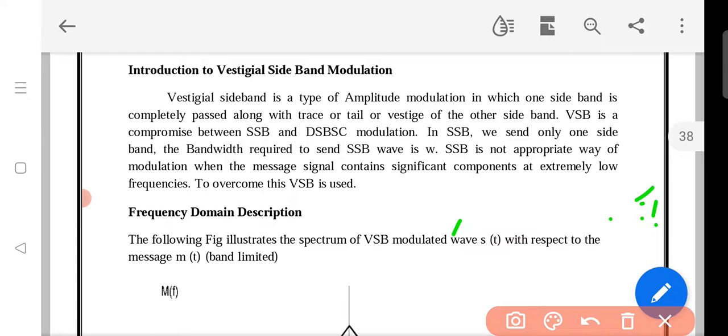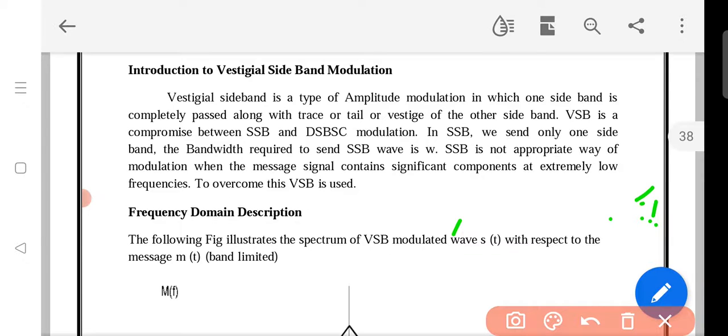In vestigial sideband modulation we send a single sideband, but the vestige part of the other sideband is also sent along with it, in order to retrieve the lowest frequencies also. Not two sidebands, but the single sideband along with the vestige part of the other sideband. This is the vestigial sideband modulation technique.